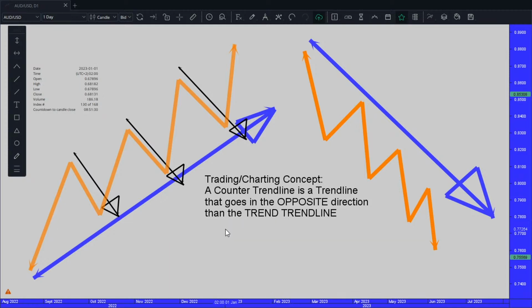Not that difficult, right? What about a downtrend? In a downtrend, a counter trend line is going to go up. Exactly. No brainer. So counter trend line in here, in here, in here.